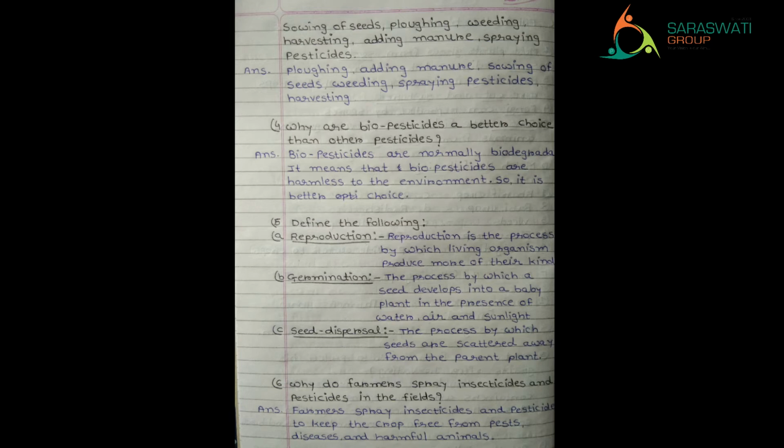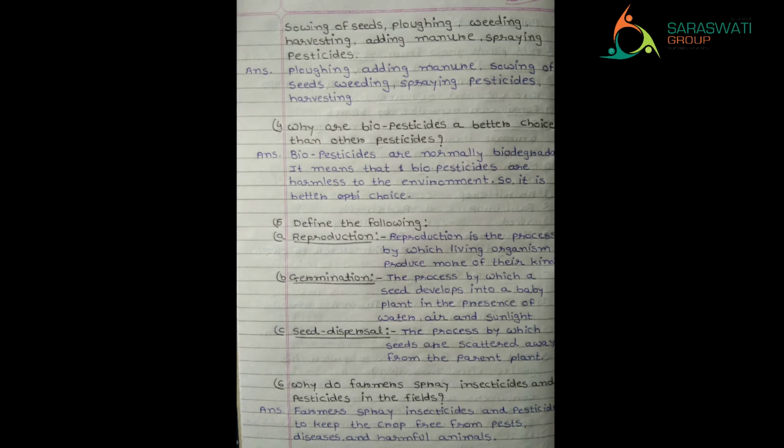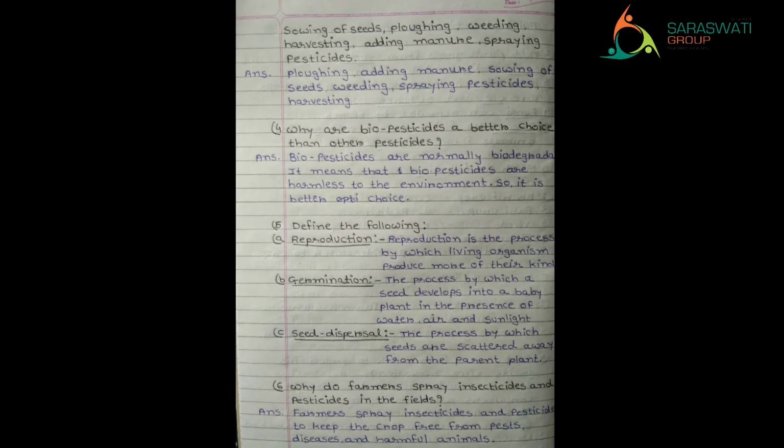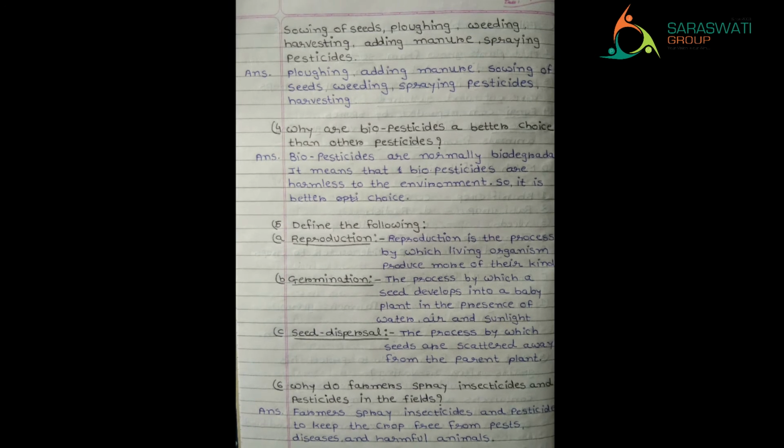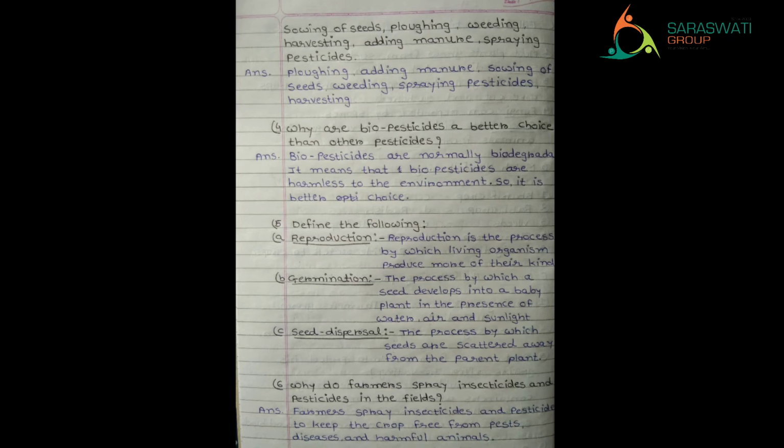It means that biopesticides are harmless to the environment, so it is a better choice, right? That means they do not harm the soil or the environment in any way. So biopesticides are a better choice than other pesticides.